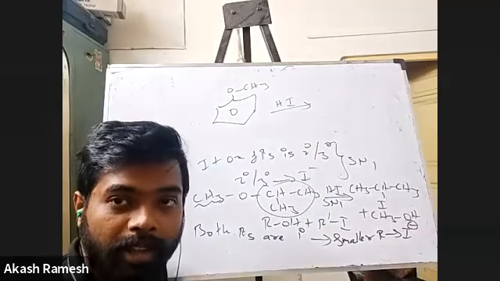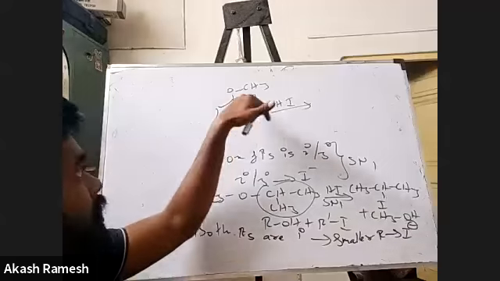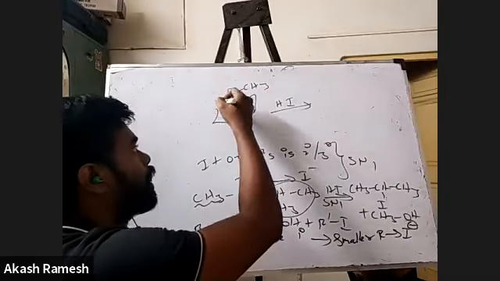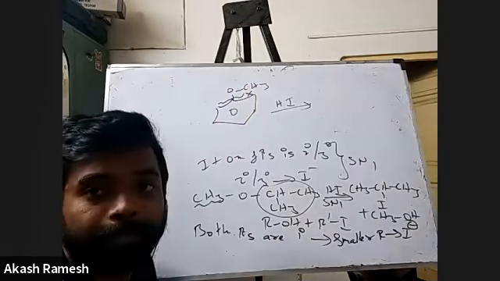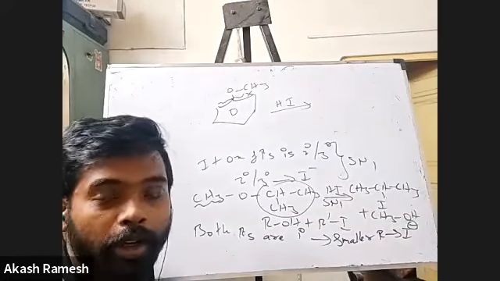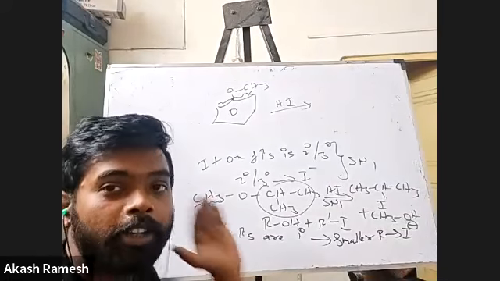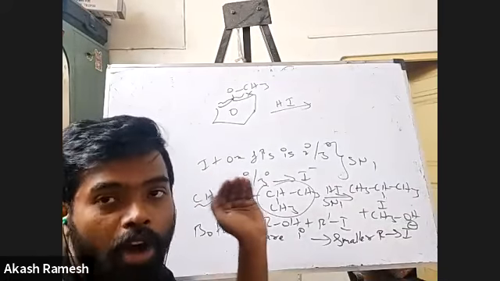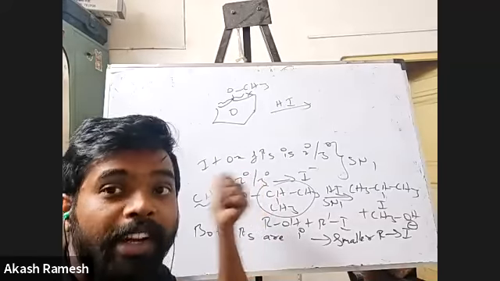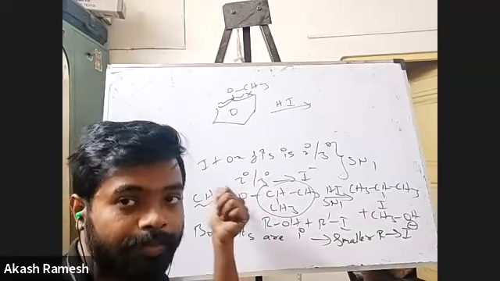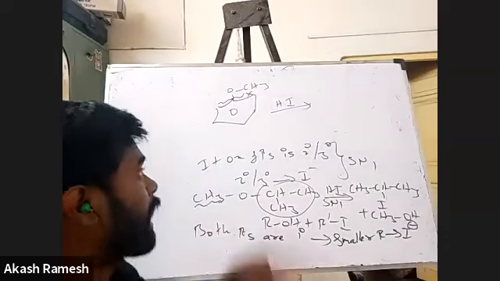In this case, please understand, guys, this bond cannot cleave. Impossible. Because it's an sp2 hybridized carbon, and the sp2 carbon-oxygen bond is a little stronger, with double bond character because of resonance.